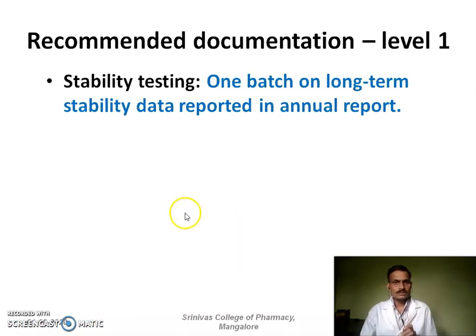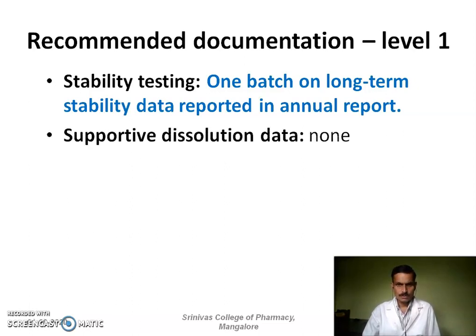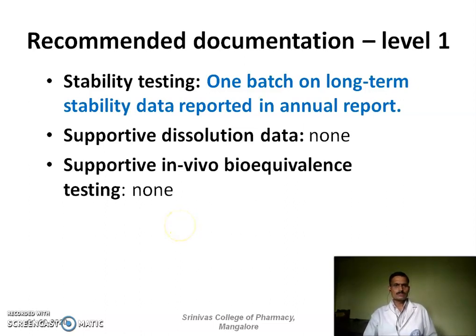So for level 1, stability testing, one batch on long-term stability data, and it should be reported in the annual report. Supportive dissolution is not required and an in vivo bioequivalence study is not required.